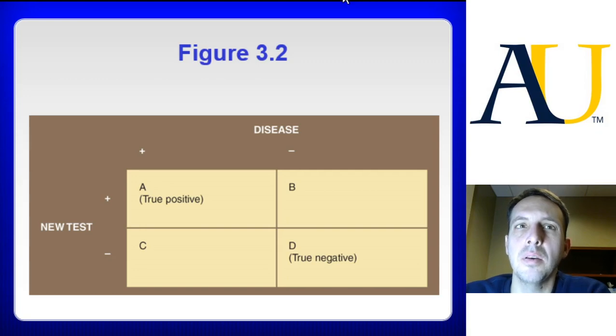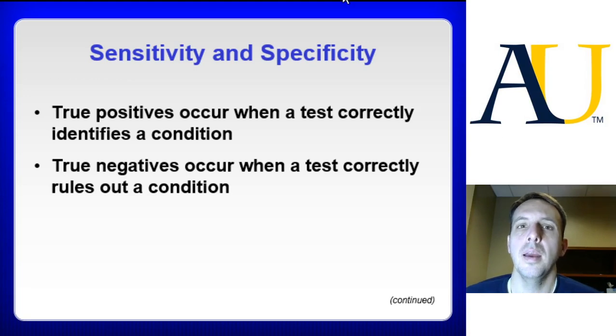And so you can see the goal is to have the test be correlated with the disease, where a positive test means that they have the condition, as in box A, which is termed a true positive, or if they don't have the condition, they have a negative test, which is in box D, which is a true negative. And so the definitions basically of true positive and true negatives are: a true positive is when the test correctly identifies the condition, and then a true negative is when the test correctly rules out the condition.